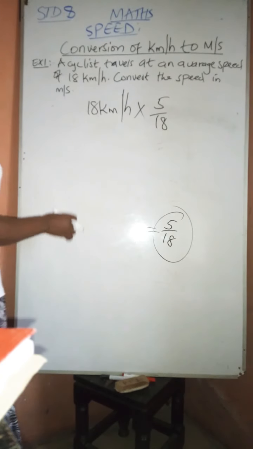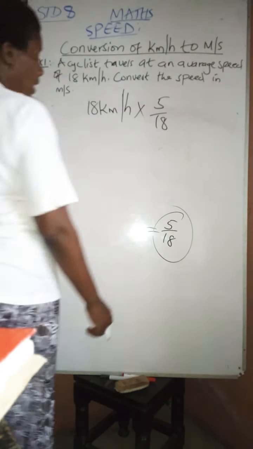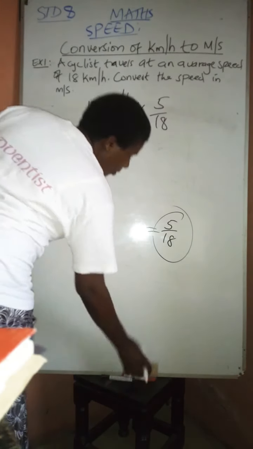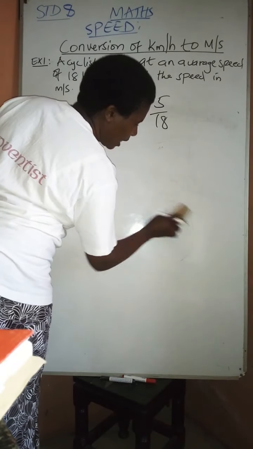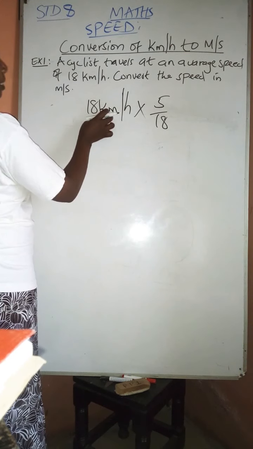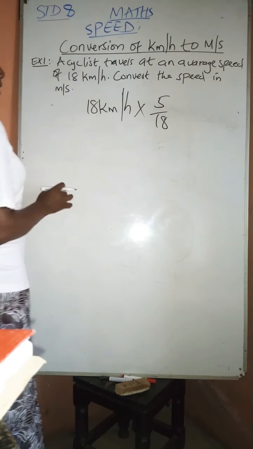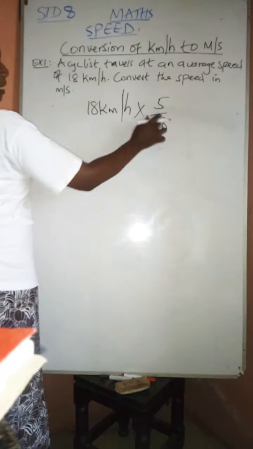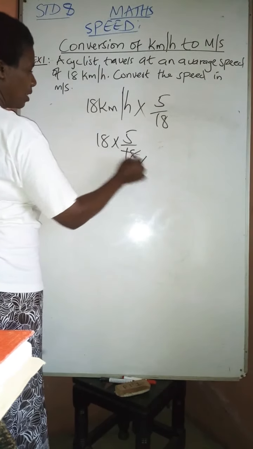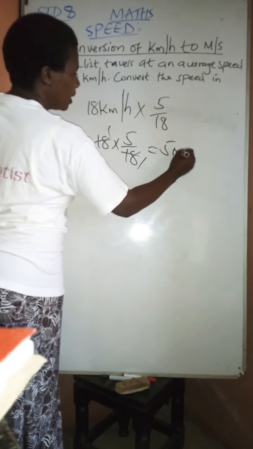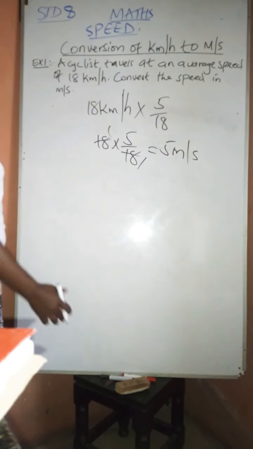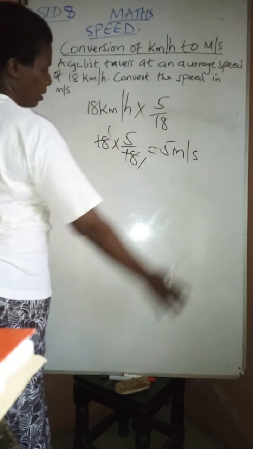I took an example of 1 kilometer covered within 1 hour. That will make our work easier, so that you don't have to go through the whole procedure of converting kilometers and then converting hours into seconds. It gives us the answer directly. So take your 18, multiply by 5/18. Here 1, here 1. So you have 5 meters per second. We've simply changed our speed from 18 kilometers per hour into 5 meters per second.